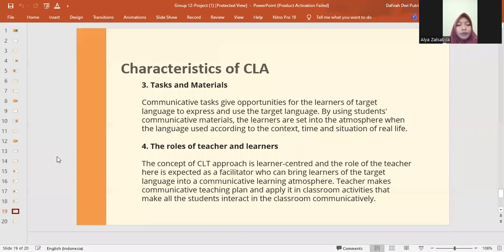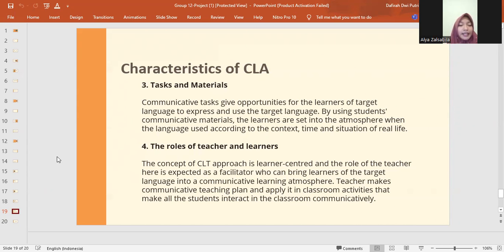According to Richards and Rodgers in 1986, there are 3 kinds of material which bring the CLT approach into language teaching. The first is authentic materials, which transfer what the learners cannot learn from outside the classroom and express natural language to learn in a variety of situations.